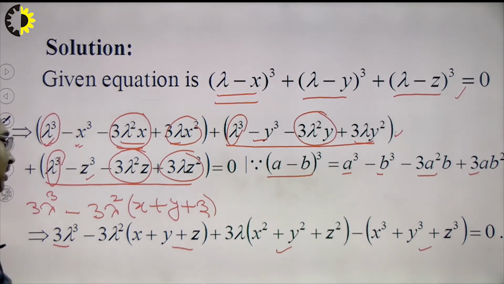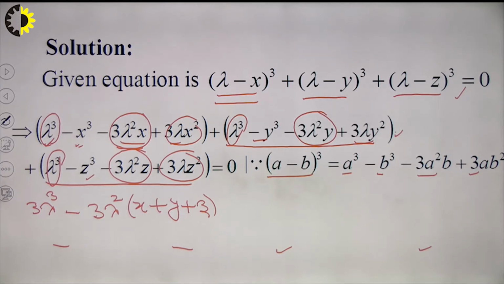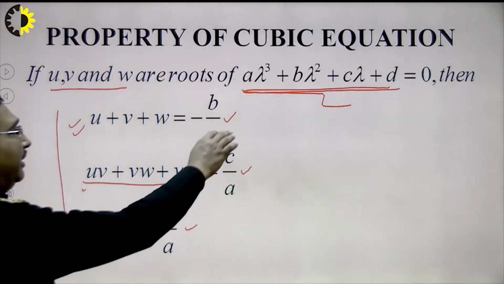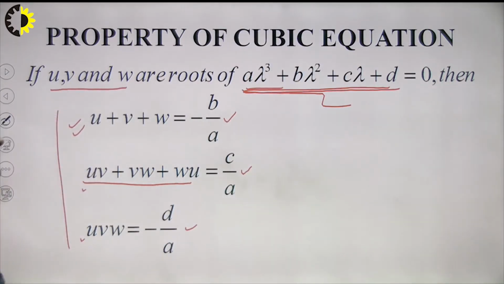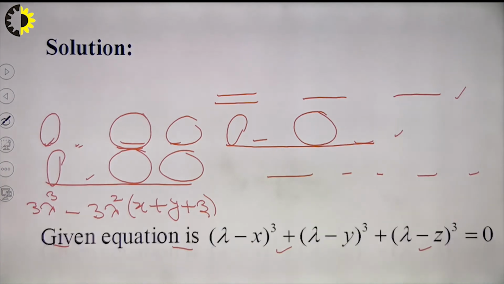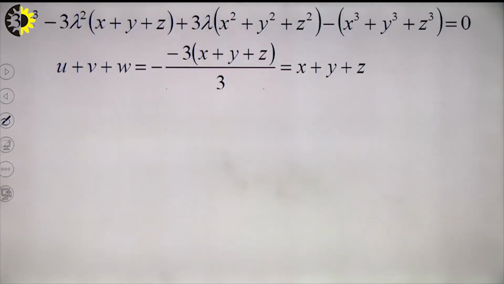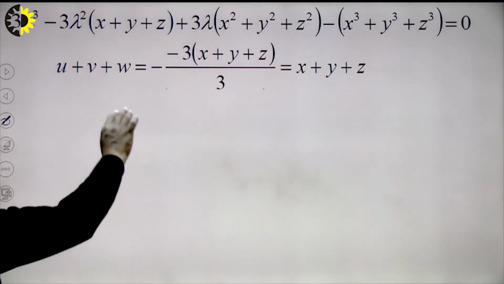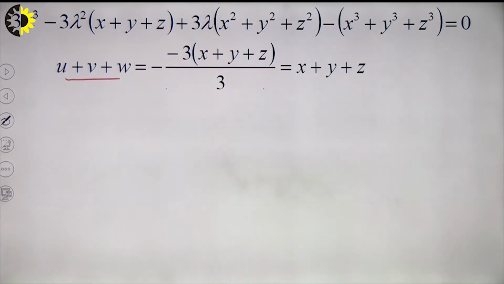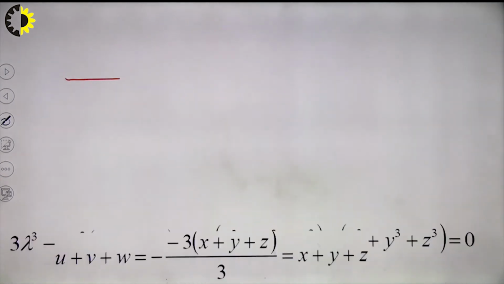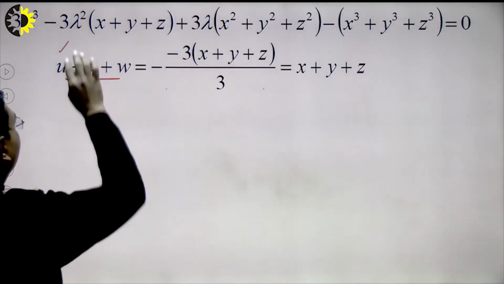Now, this equation is in the form which we have here: a lambda cube plus b lambda square plus c lambda plus d equal to 0, and therefore, this equation can be used to find the values of u plus v plus w, uv plus vw plus wu and uvw. This is equation.